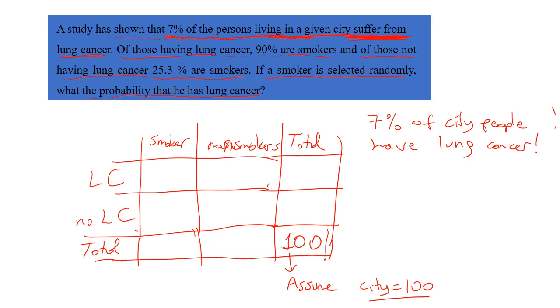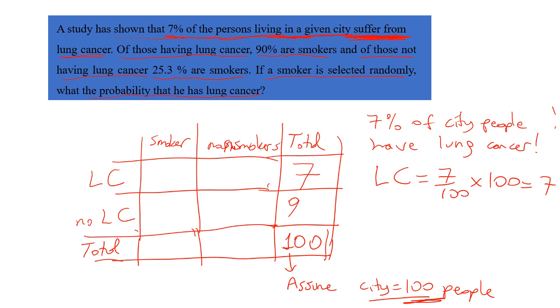If the city is 100 people, which we assumed, then the people with lung cancer, LC, is equal to 7 over 100 times 100 people, so just 7. The total number of lung cancer people is 7, and the number of no LC is 93, because they have to add to 100.